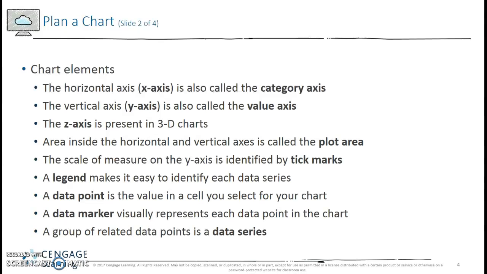A legend is something that you put next to a pie chart or a chart of any kind that gives you information about the data that you're presenting. A data point is a certain point or a certain value that's a part of your chart. A data marker is something that visually represents each data point in the chart. A group of related points would be called a data series.